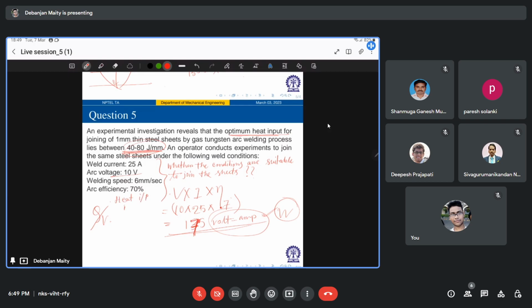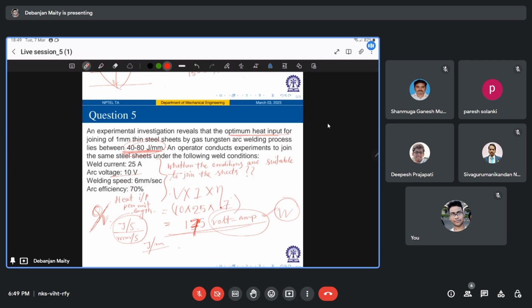Heat input per unit length will be the total heat flux divided by the welding speed, right? So if q is in joule per second and velocity is in mm per second, this will give me the heat input per unit length in terms of joule per mm.